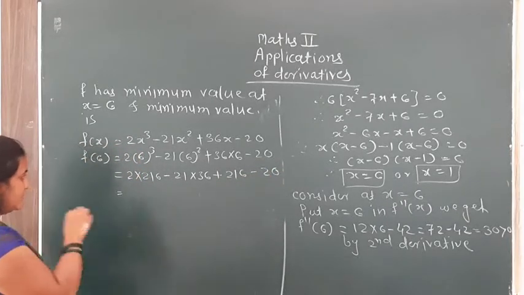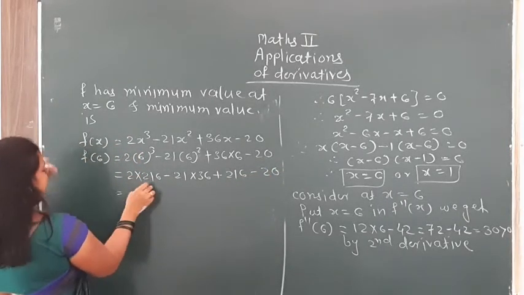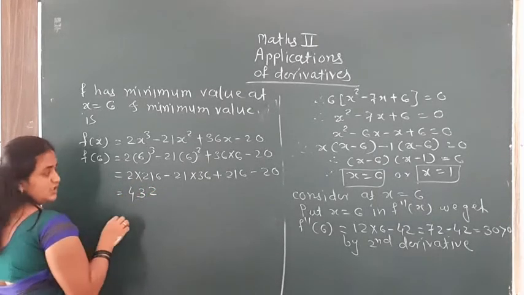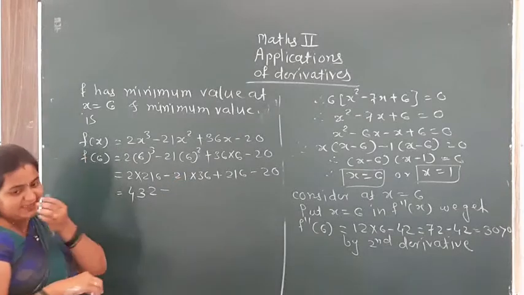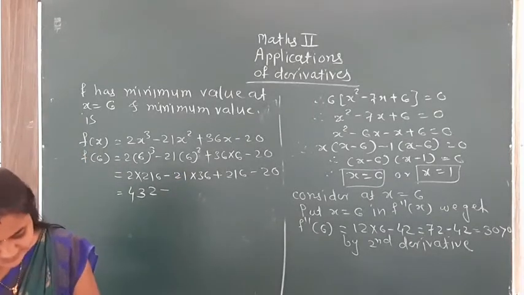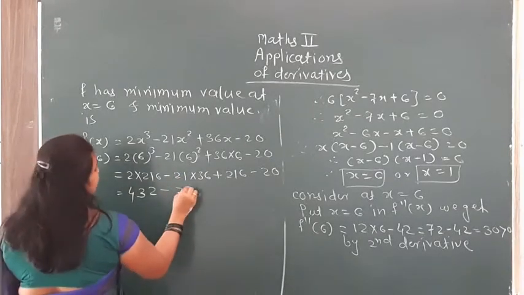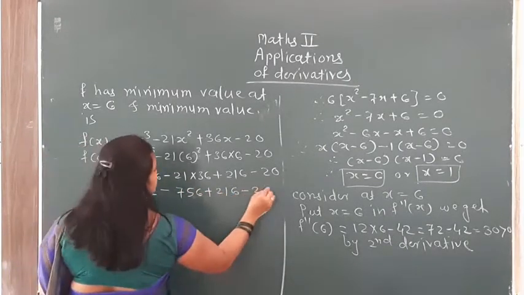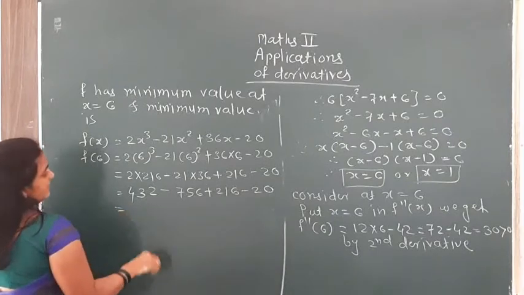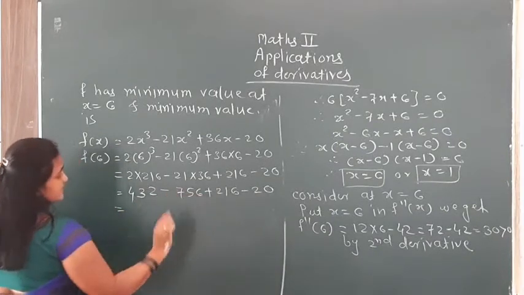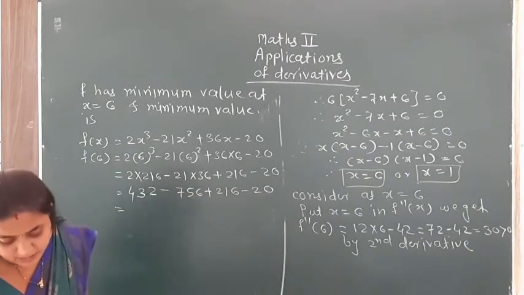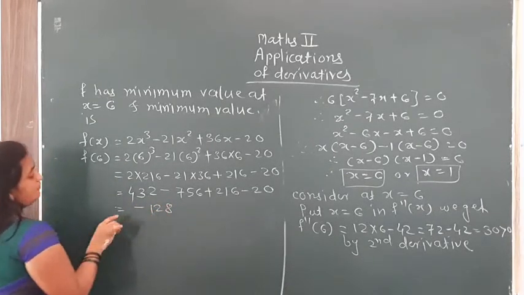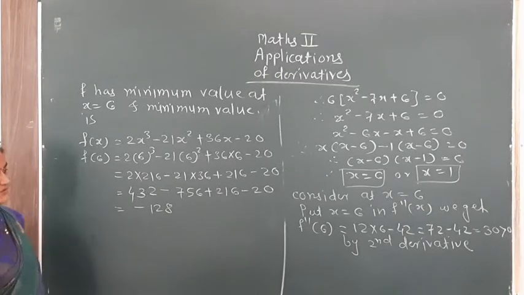That is 432 minus 756 plus 216 minus 20. Simplifying, we get minus 128. So the minimum value we get is minus 128.